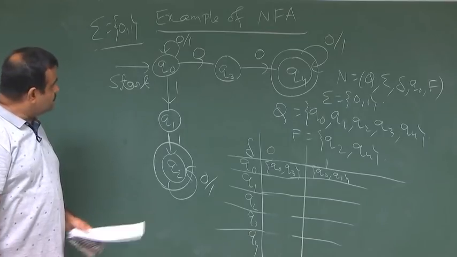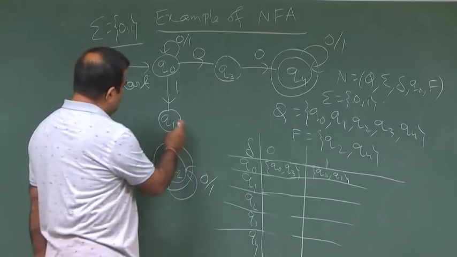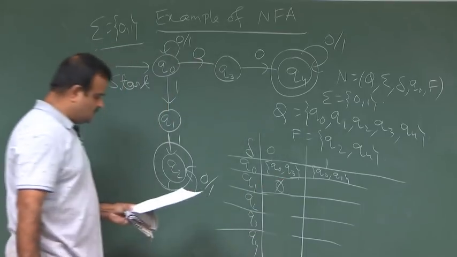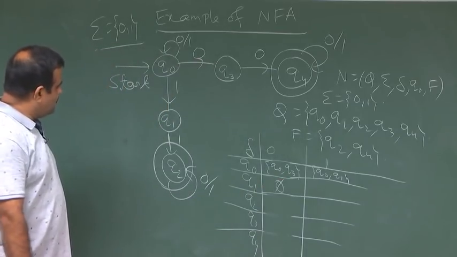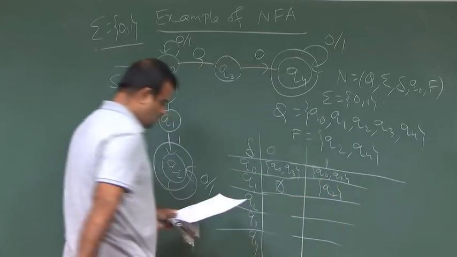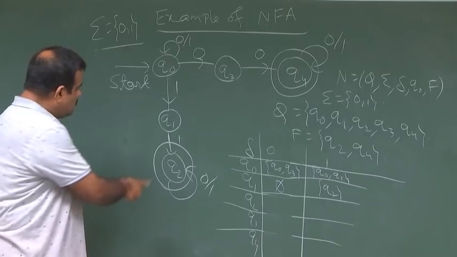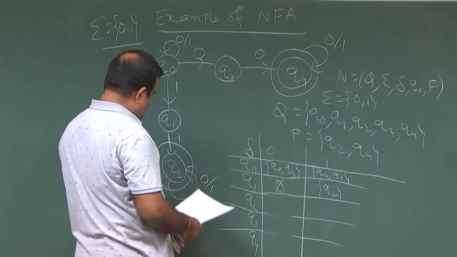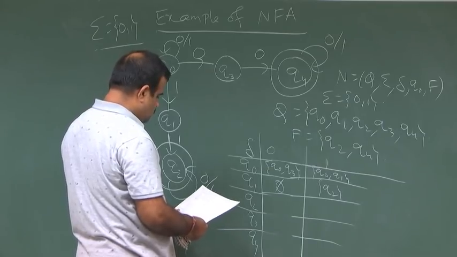And now, from q 1, if it is 0, it is empty because there is no move for 0, and if it is 1, it is going to q 2. From q 2, if it is 0 or 1, both go to q 2.